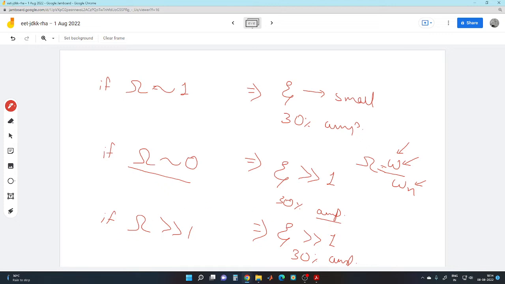This region corresponds to inertia domination. Here the frequency of excitation is much larger than the natural frequency. So this is the inertia dominated region, which means that adding a small mass to the system will have a much higher impact than adding damping.